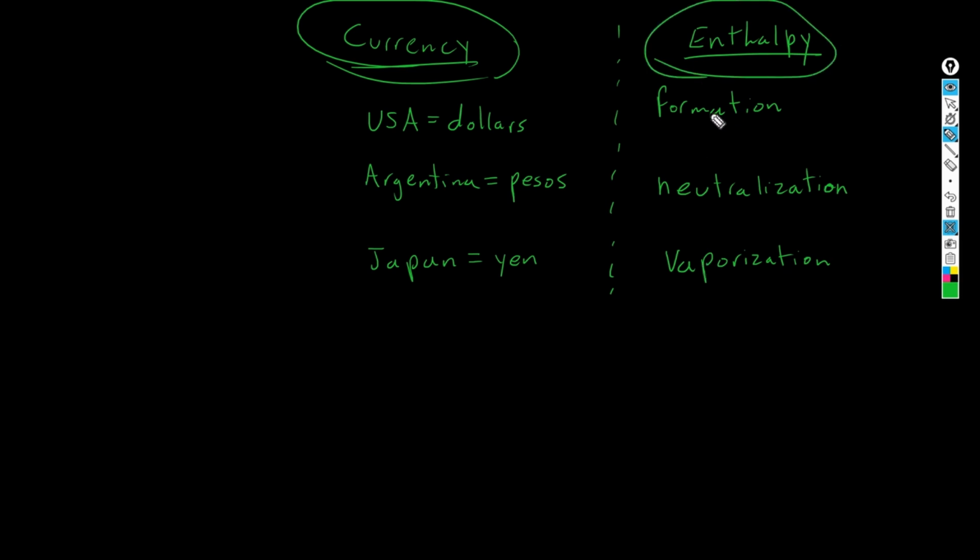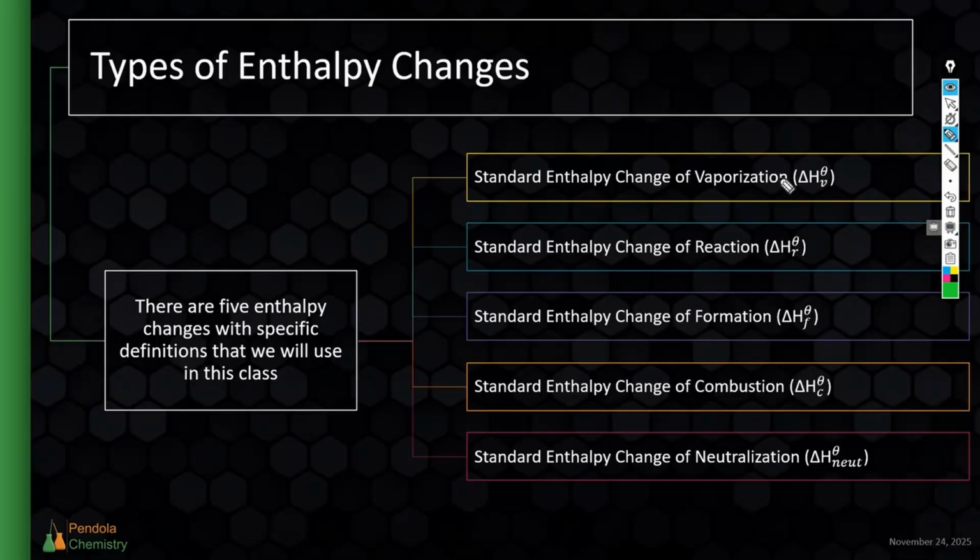Same concept, different applications. Again, with currency, same concept, different applications in different countries. So when we look at all of these different enthalpy changes, just keep in mind, we're always talking about energy given off or absorbed or energy exchanged. It's just going to apply to different concepts.